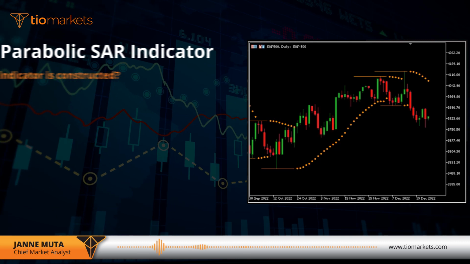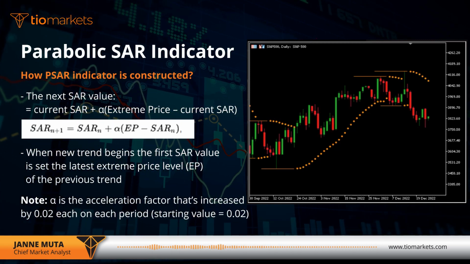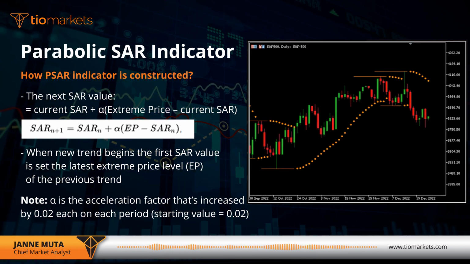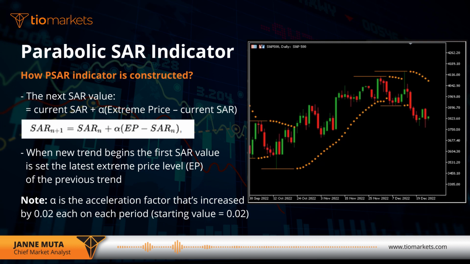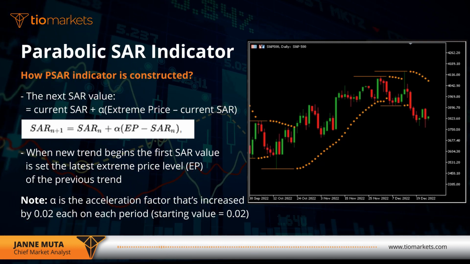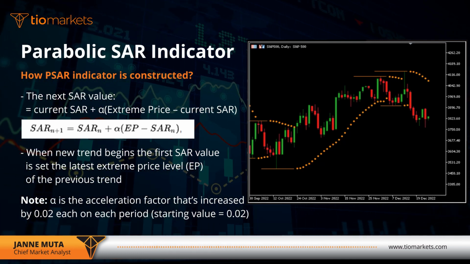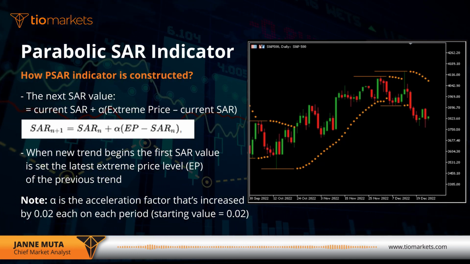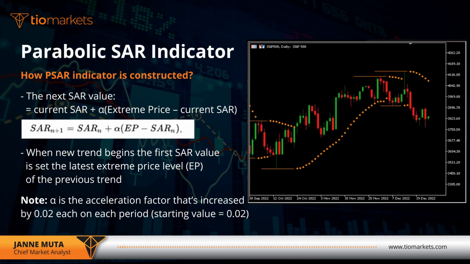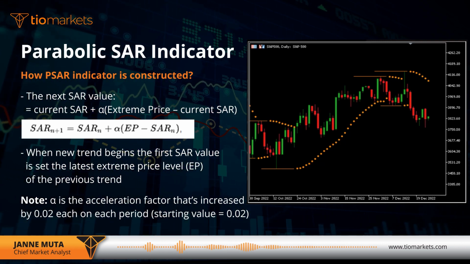Let's take a look at the mathematics behind this indicator. We have the formula here, but I'm going to break it down so that it's easy to understand. The elements we have here are the current SAR value, and this little alpha is the acceleration factor that starts at 0.02, and then 0.02 is added to it at each new period.